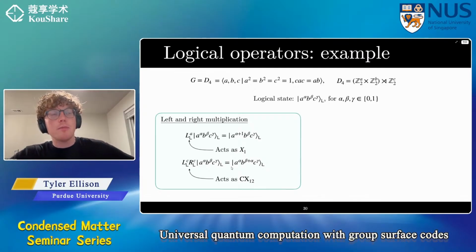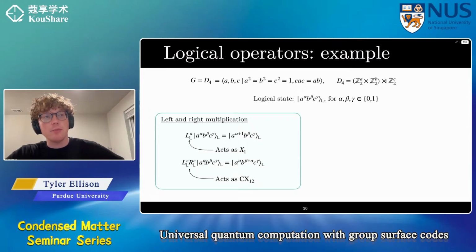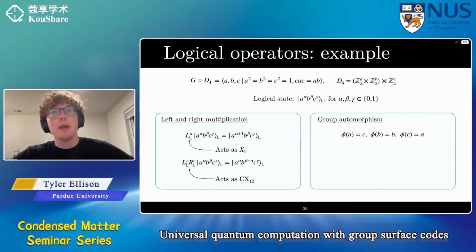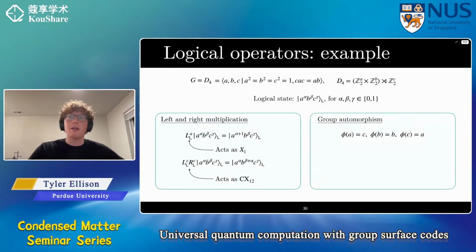Now let me give an example illustrating how these transversal gates can implement a non-Clifford operation.